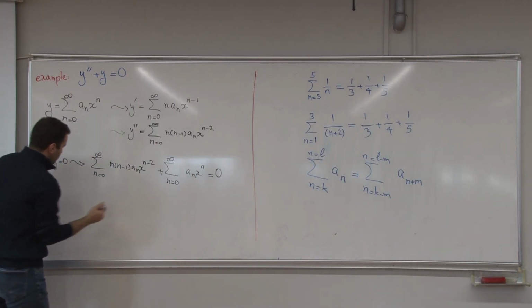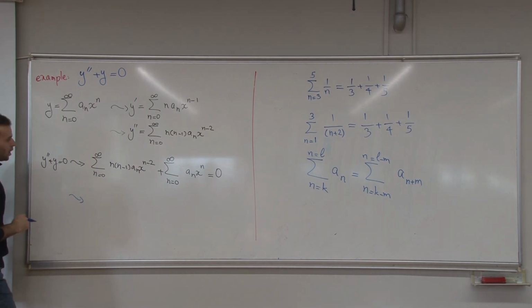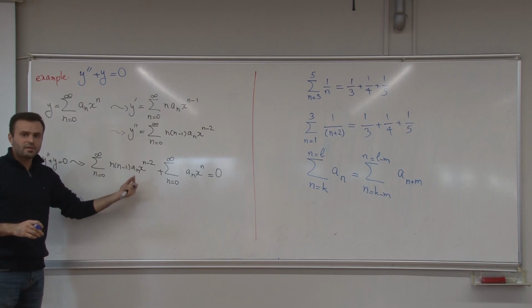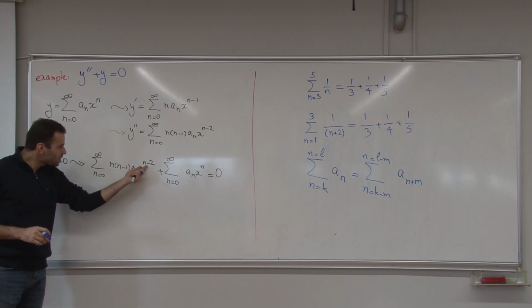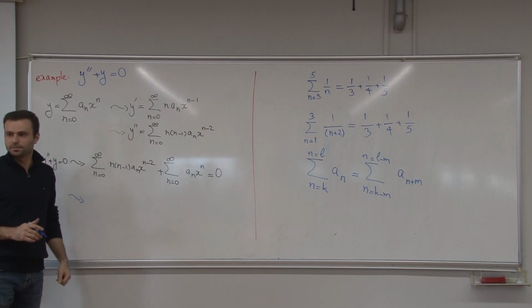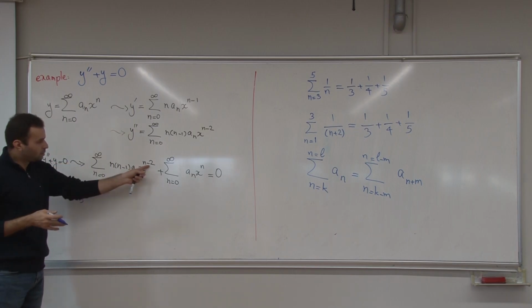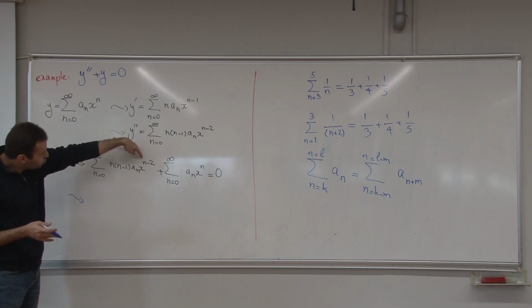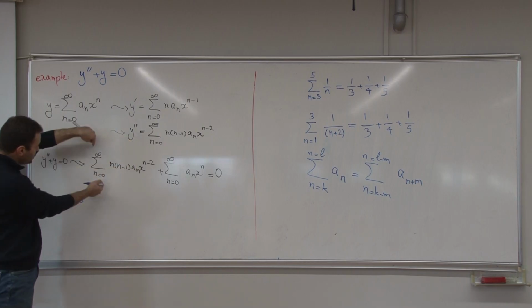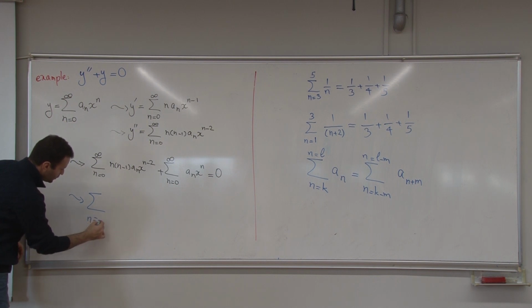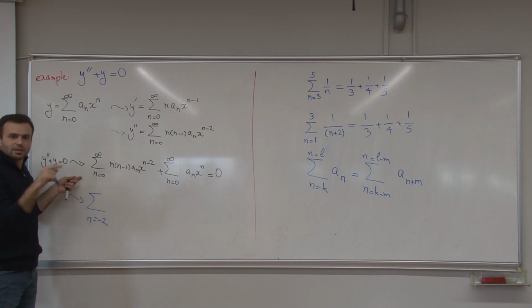You will use it here. How can I write this in such a way that the power of x here is x to the power of n? I need to add 2 to these indexes, so I need to shift them by minus 2 here. So this is going to be n starting from minus 2 up to infinity.